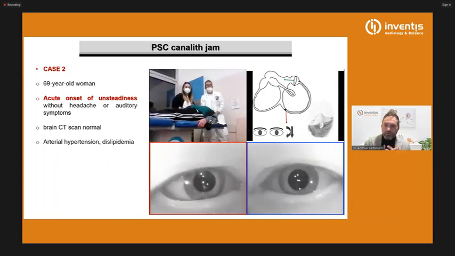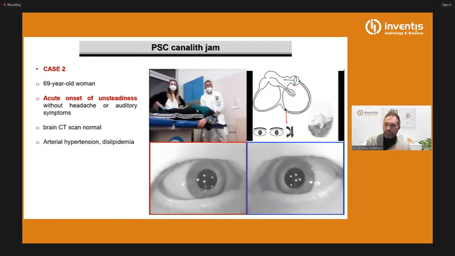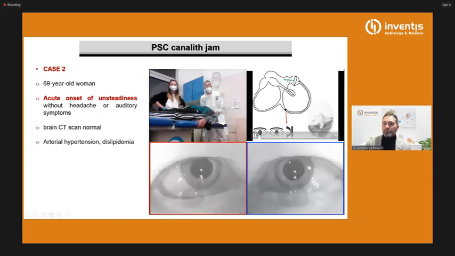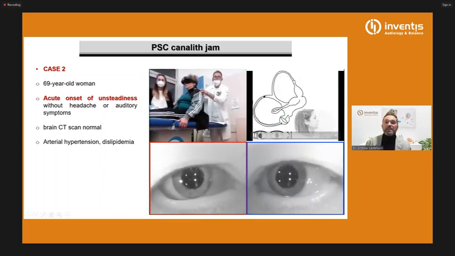So head shaking and continuous repositioning from supine position to upright position, bringing back the patient again, are the only things that we have in our hand to try to manage this kind of scenario. Of course, in this position, we have gravity that adds up to the persistent positive pressure on the posterior canal, so nystagmus increases.